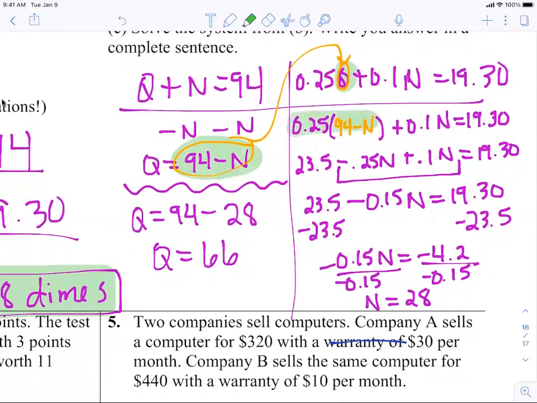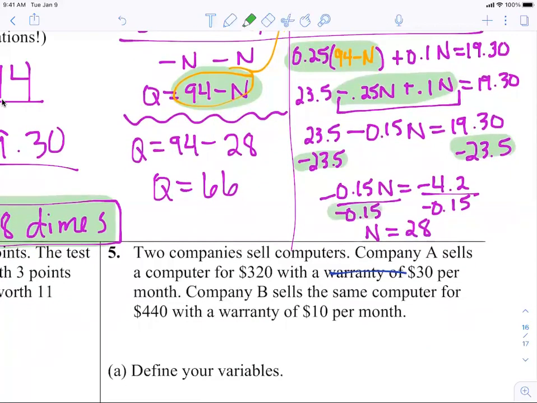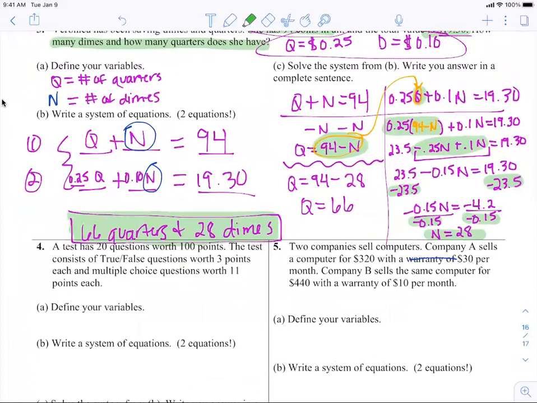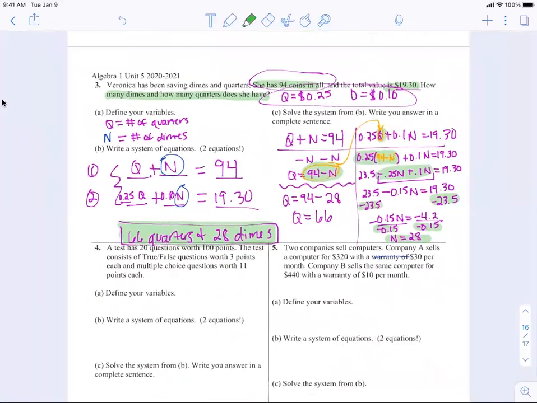So all I did was distribute the 0.25, combine my like terms, and then subtract my 23.5 from the other side. And then last but not least, divided by negative 0.15 to get the number of dimes, which was 28. Plugging it back in, if I know there's 94 total, it was just a matter of subtracting 28 from that, and that helps you find the number of quarters.